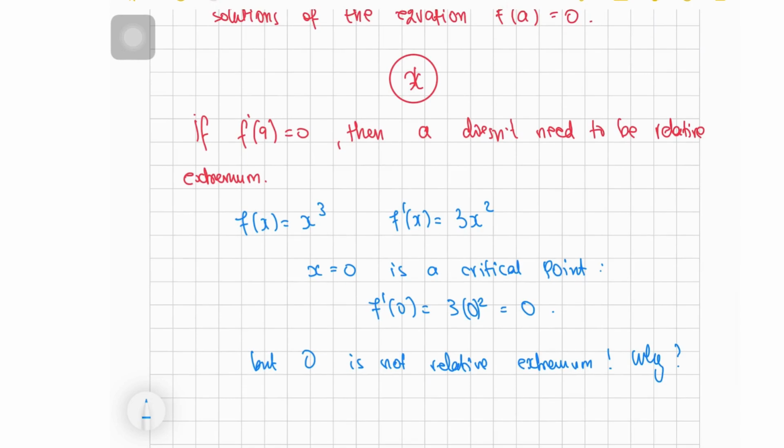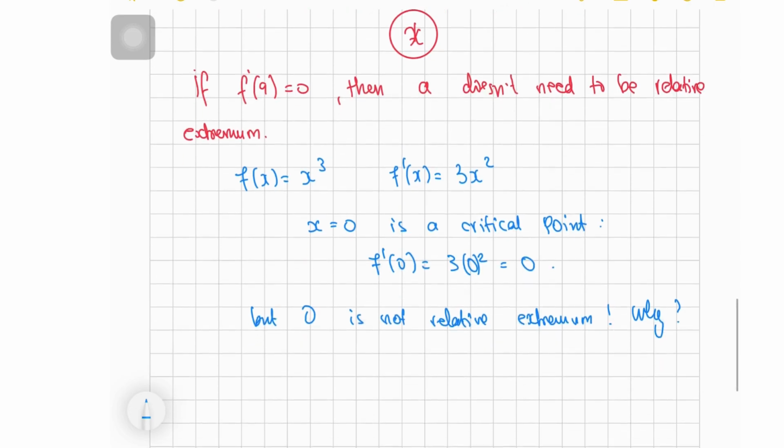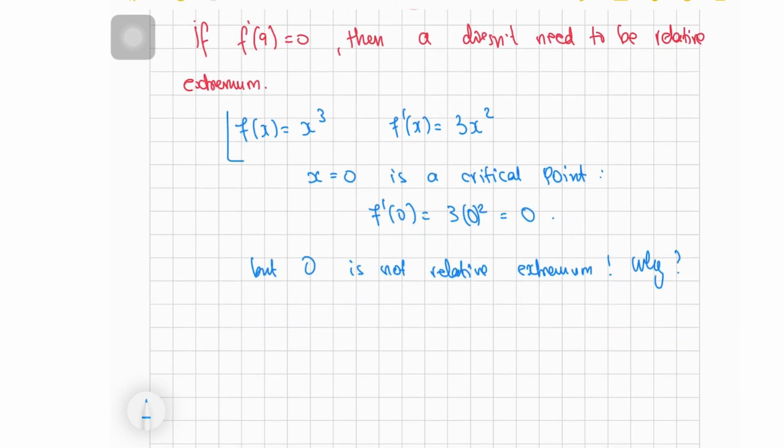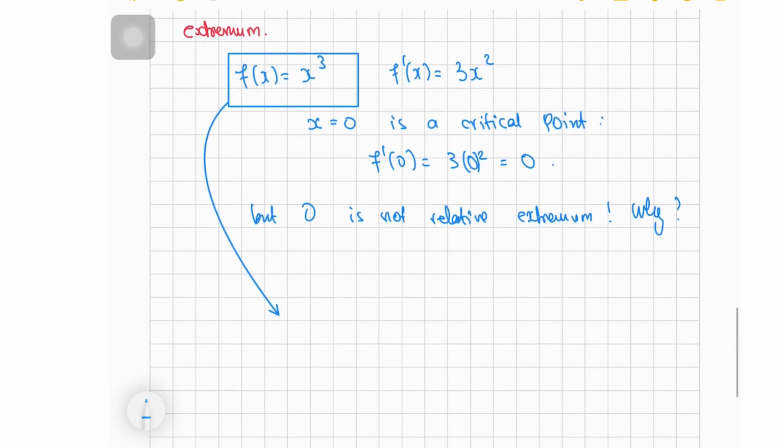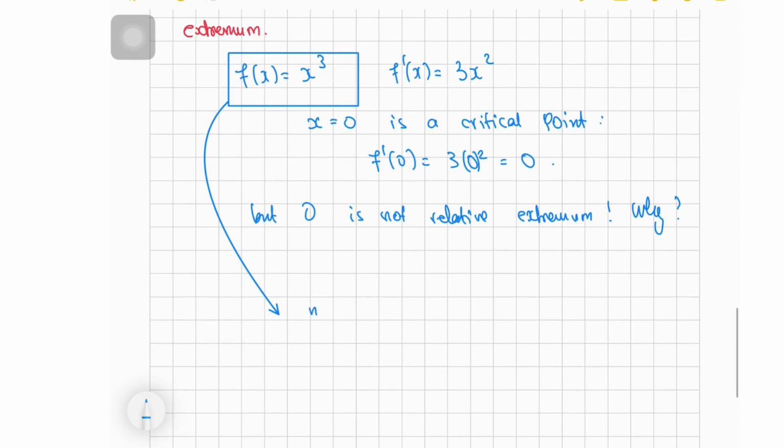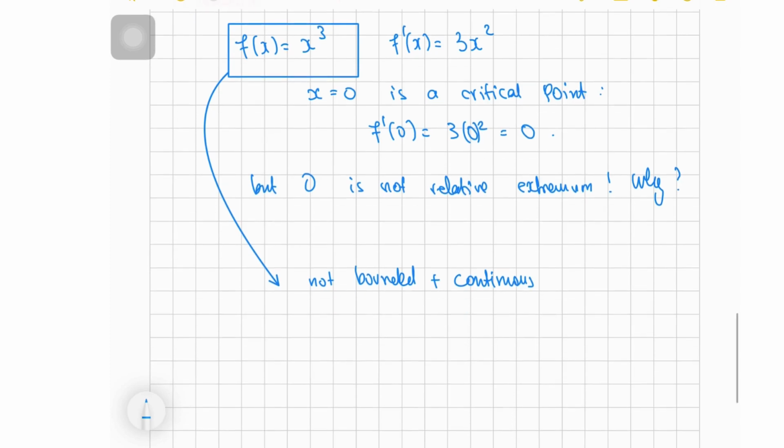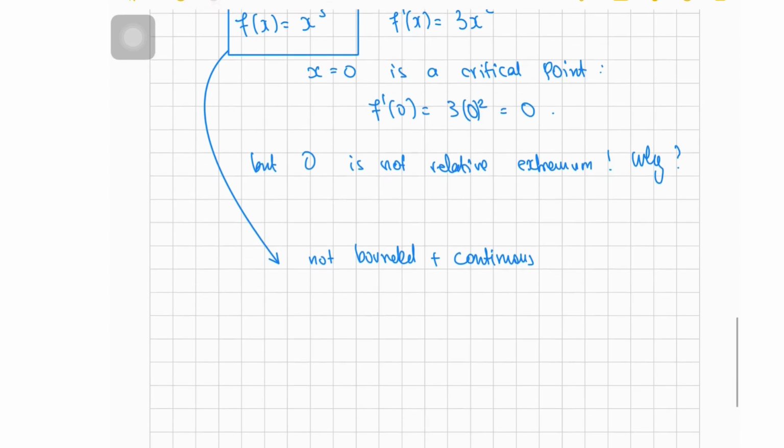You can pause the video and think about this. Actually, this comes from one fact that we mentioned at the beginning, and I even mentioned this function. It comes from the nature of the function. This function is not bounded, basically, and it's continuous, so it cannot have a minimum or maximum. It can have relative extrema in general, but this specific function cannot.